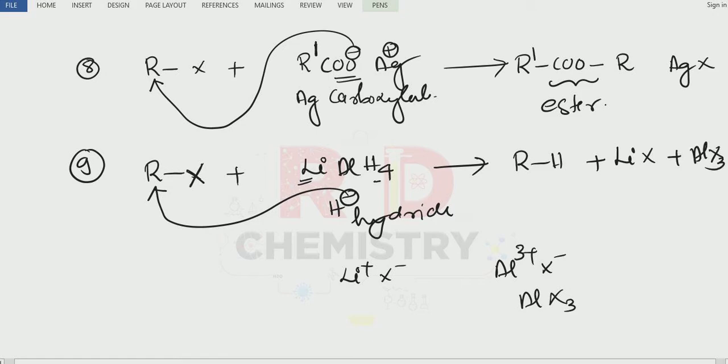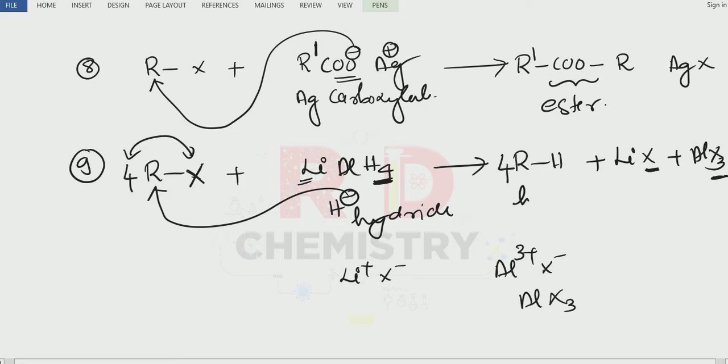But how many hydrides are there? 4. So I'll get 4 RH. 4 R groups are there. How many halogen atoms are there? 4 are there. So here lithium halide 1 and aluminium halide 3, altogether 4. So the equation is balanced. Now what does RH stand for?